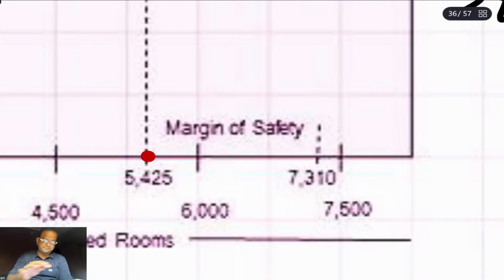देखिए यहां से margin of safety start हुआ, यहां पे margin of safety आपका end हो रहा है. Clear cut उन्होंने सिर्फ इस part से लेकर this part, from this part to this part they have considered it as margin of safety. So this line is very, very important.